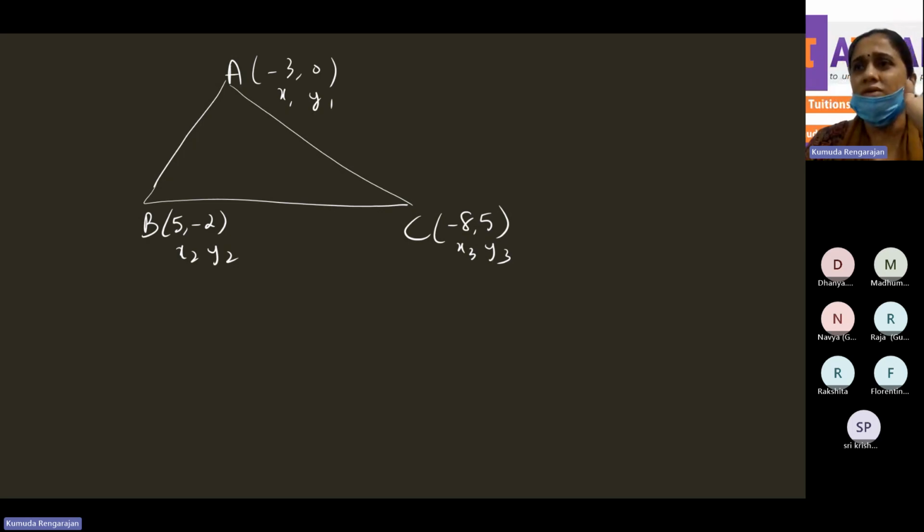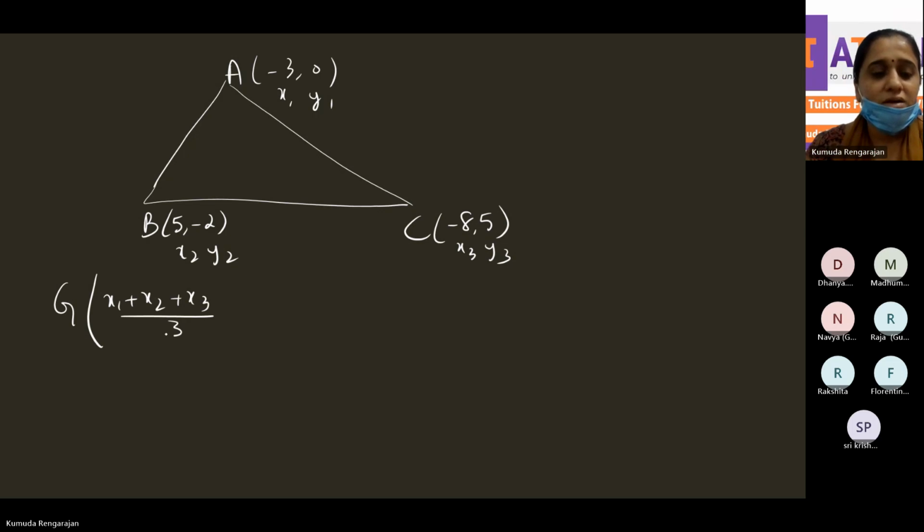Anybody can be x1, y1, then one of the others x2, y2 and the remaining x3, y3. Now the coordinates of the centroid are given by the formula (x1 plus x2 plus x3) by 3, comma (y1 plus y2 plus y3) by 3.